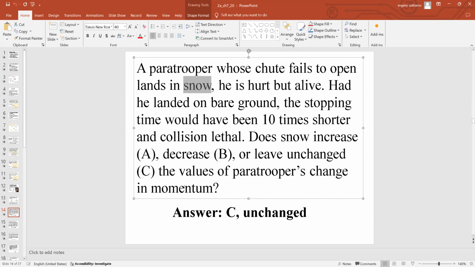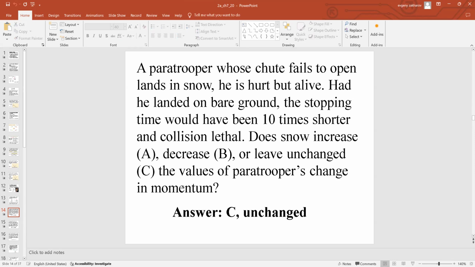But the change in momentum is also what? Mass times velocity. Mass stays the same, and change in velocity is also the same. That paratrooper had a certain velocity right before he or she hit the ground, and then the final would be zero because eventually he or she stops. So the change is zero, take away a certain value, and that value is the same. So the change in momentum is the same, it's unchanged.